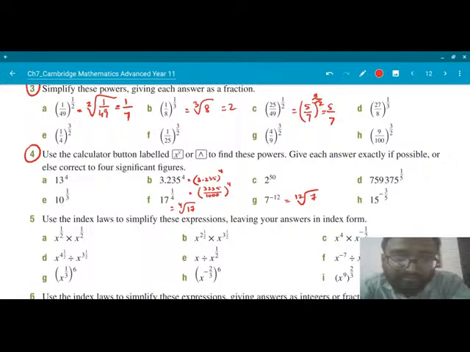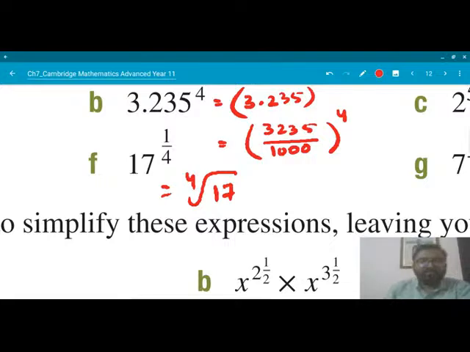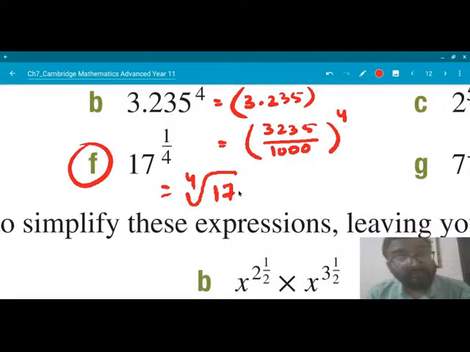Now we have to understand, what is this number? It is power 1/4, so we call it the fourth root of 17. But do you know the fourth root? It is almost 16, that's why we can write it as 2 power 4.